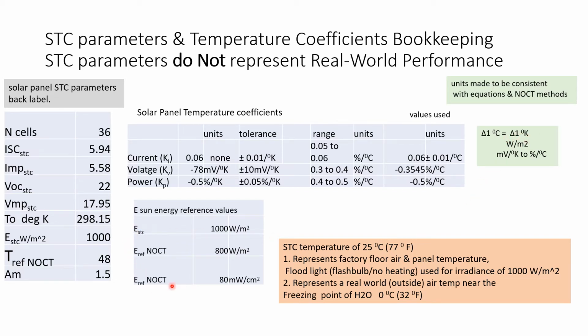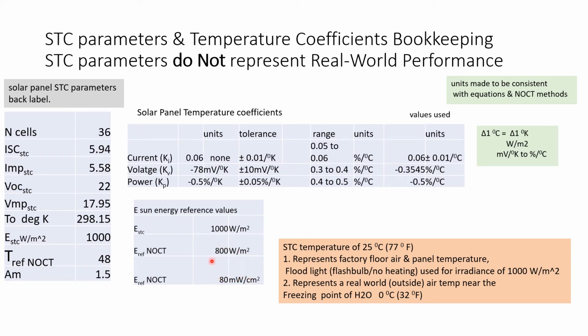All right. I've seen in the literature that the NOC reference energy power from the sun is 800 watts per meter squared. I've also seen it as 80 milliwatts per centimeter squared.